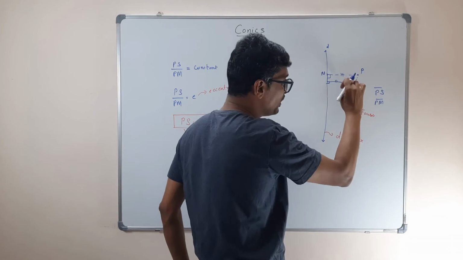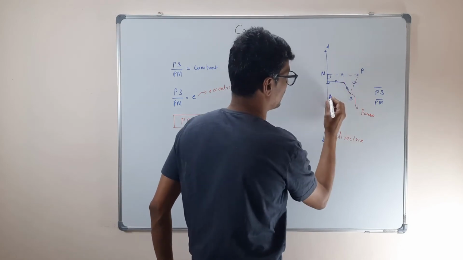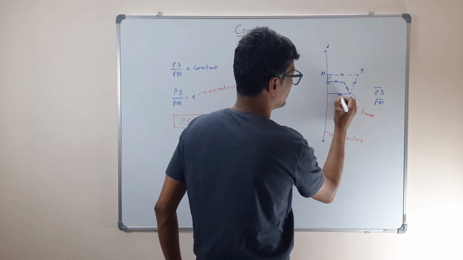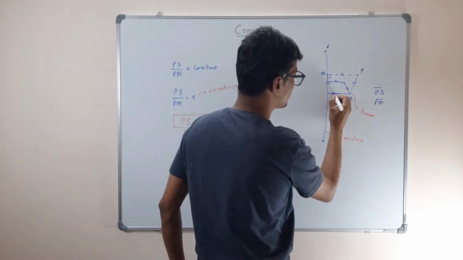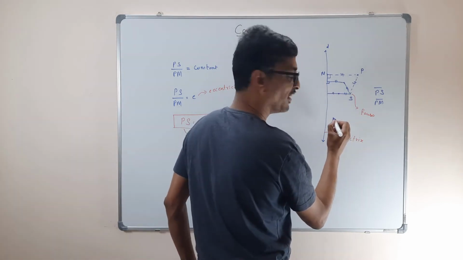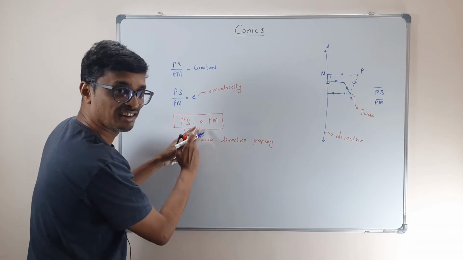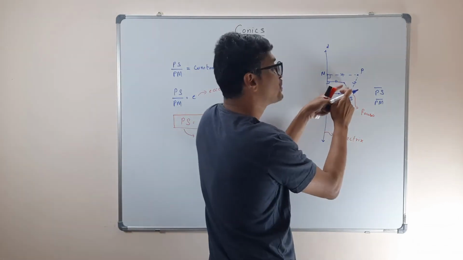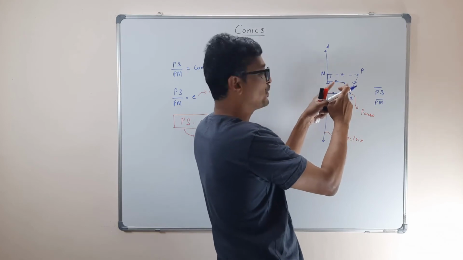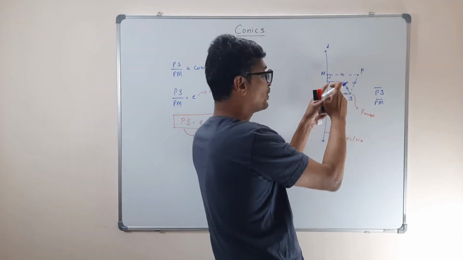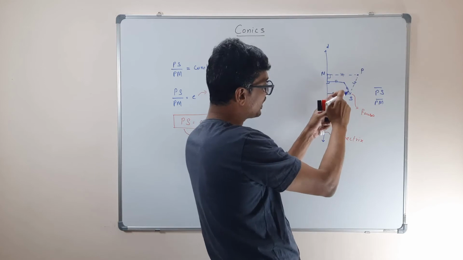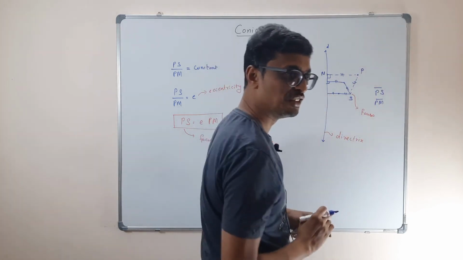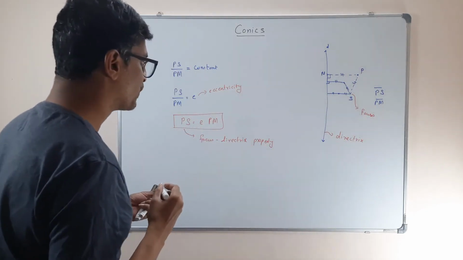From this point P, these two distances have to be equal. Suppose it is here, the point will be here, because this distance and this distance will be equal. That's when E is equal to 1. If E is not equal to 1, they are not going to be equal. If the ratio is 2, then it's going to be different. If the ratio is 0.5, then it's going to be different. So this decides all curves. We will see that. You got it?